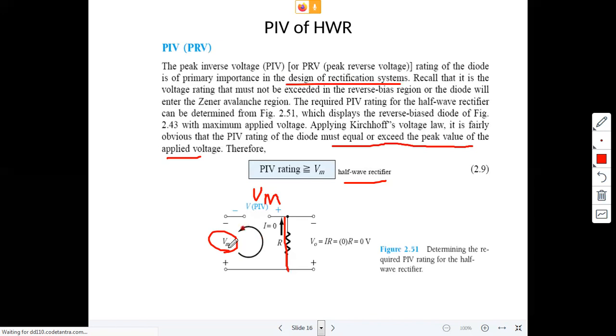Here we are applying Vm, we may apply greater than Vm also, but the condition is this voltage must be less than the breakdown region. Recall that it is the voltage rating that must not be exceeded in the reverse bias region, or the diode enters the Zener breakdown region.